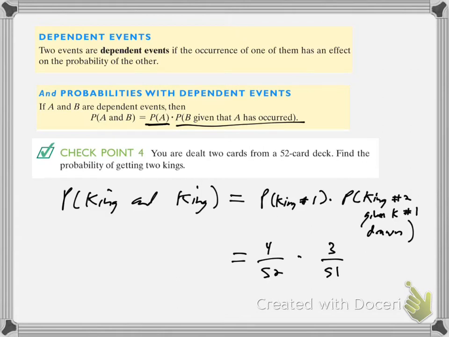Okay, so just doing the calculator, 4 divided by 52 in parentheses, times in parentheses 3 divided by 51, math frac to get it into fraction form, 1 out of 221. So there's a 1 out of 221 probability, dependent probability. All right, so that's a very simple problem. So let's clear this slide.